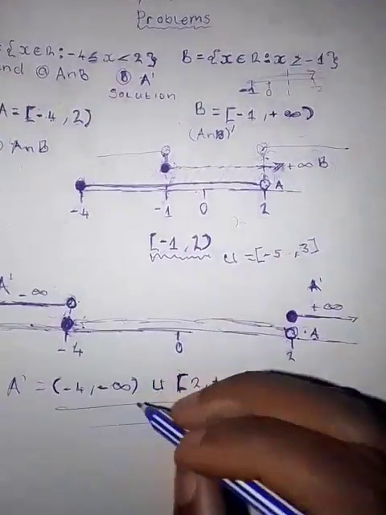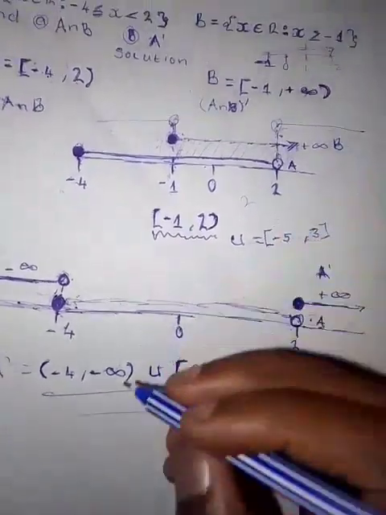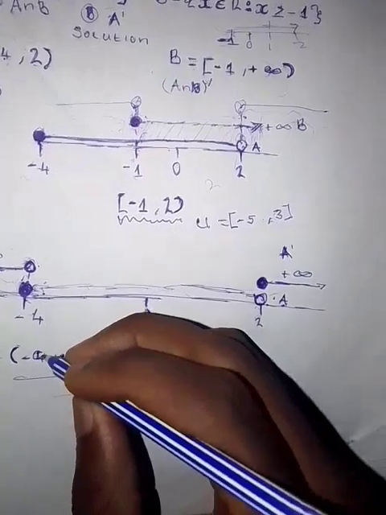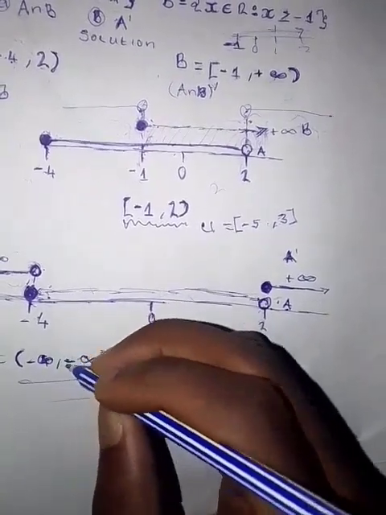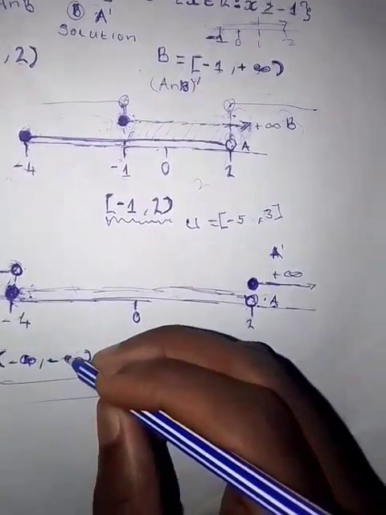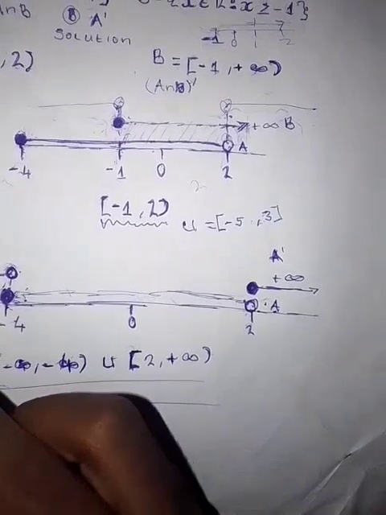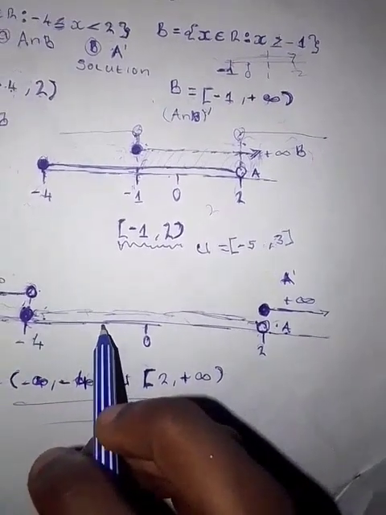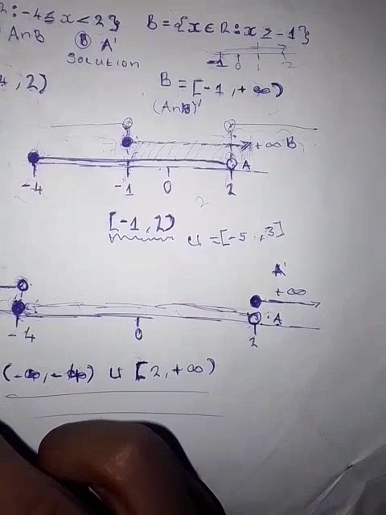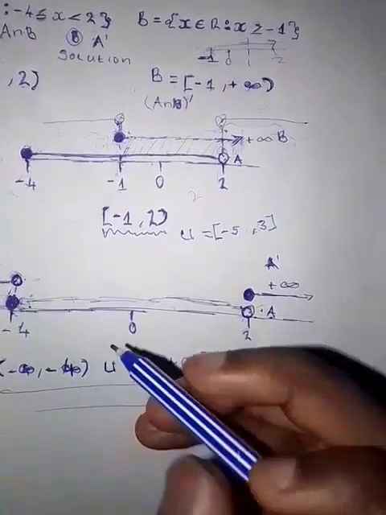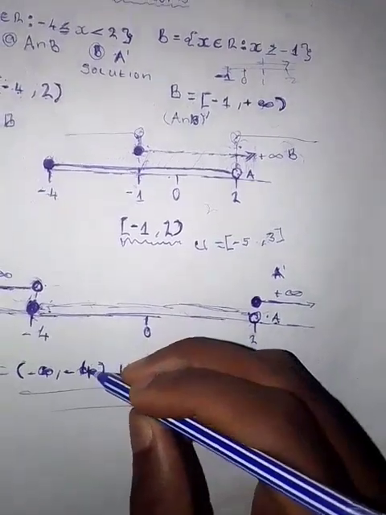Sorry, I've made a mistake here. This infinity symbol should be on this side, and the 4 should be on this side, because we're starting from negative infinity going towards this side. Okay, so like this, my bad.